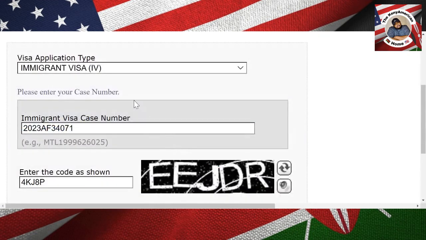So the first status was at NVC. After you complete your DS-260, your case goes to the NVC, National Visa Center. And then from the National Visa Center, your case is transferred. Once the embassy is ready for the interview, it becomes in transit.